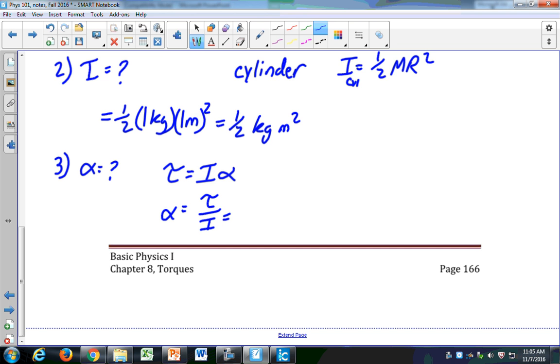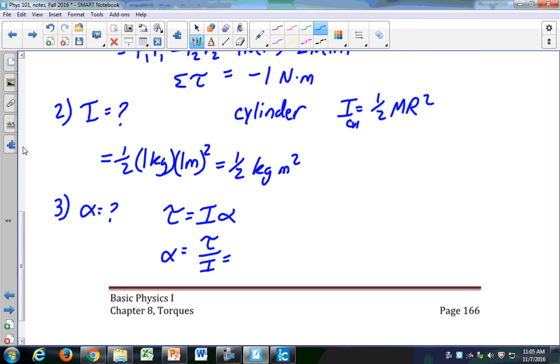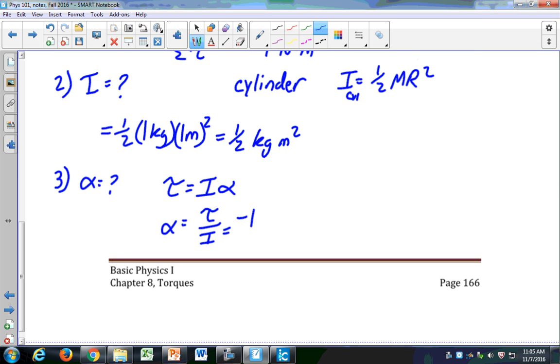That's going to be, go back and find our net torque. It was -1 Newton meters over 1/2 kilogram meter squared. The moment of inertia can never be negative, in the same way that mass can never be negative. And that's equal to -2 radians per second squared.